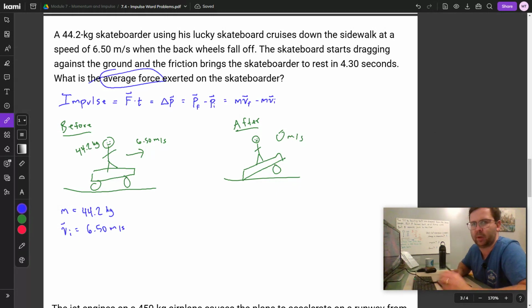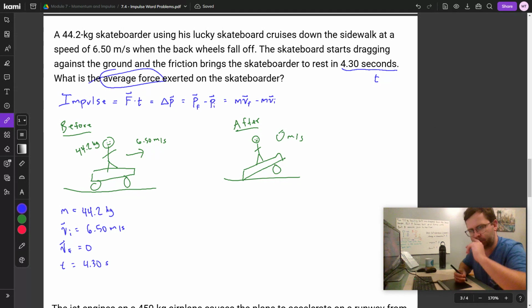I chose it to be positive because I like positive numbers. The final velocity is 0. Looking back at the word problem, it says that it comes to rest in 4.30 seconds. I know that's a time, so time is 4.30 seconds.